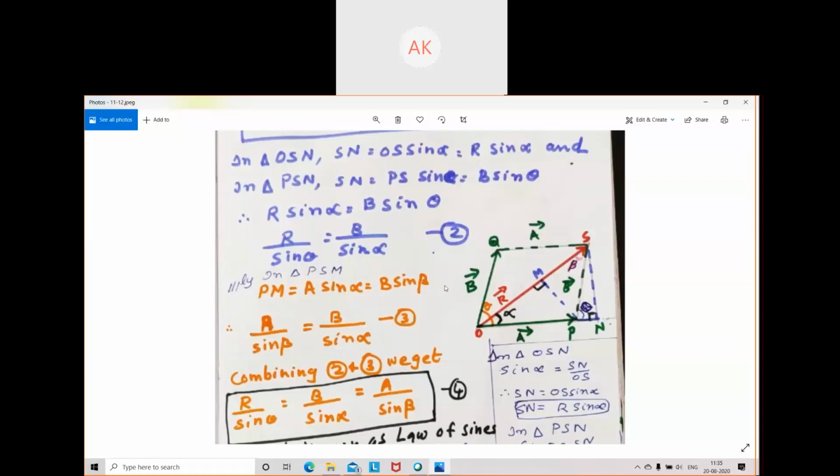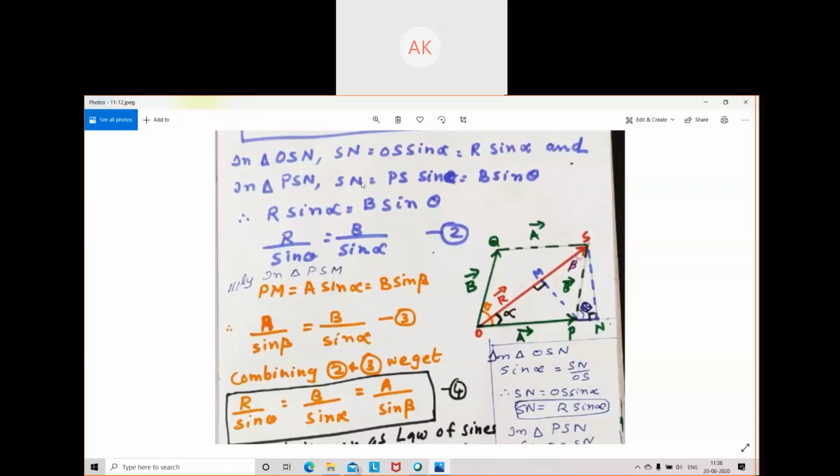For that, you can take another triangle, triangle OSN. Where is that? Here, triangle OSN. SN by OS is sin alpha. Therefore, SN equals OS sin alpha, and OS is the resultant, so SN equals R sin alpha.